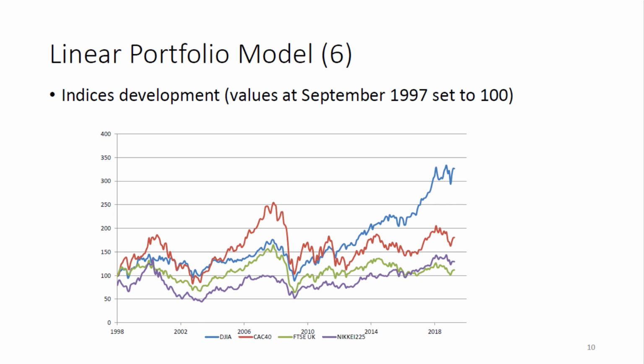And in particular, after the crisis, so after about 2009, we see the light blue line, the Dow Jones Industrial Average, clearly getting out of the trough and having a fantastic increase afterwards, dominating all the other indices. The Nikkei 225, the purple line at the bottom, seems to be very stable, with not a lot of movement, not a lot of trend upwards.